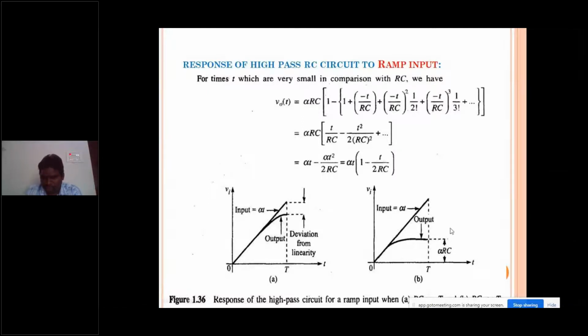So for large time constants, it may deviate in less time itself. How will you get this shape? By substituting the values of t in this expression, you will get the output shape.